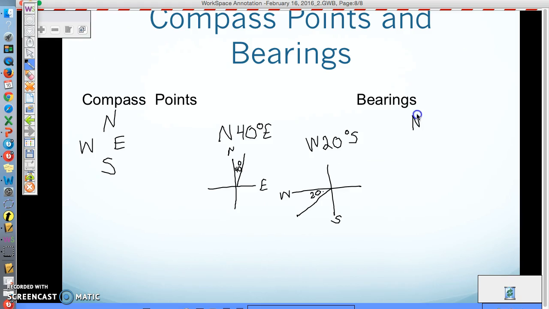If there are no directions, so if you just had 35 degrees, if it said a bearing of 35 degrees, what that means is clockwise from due north.